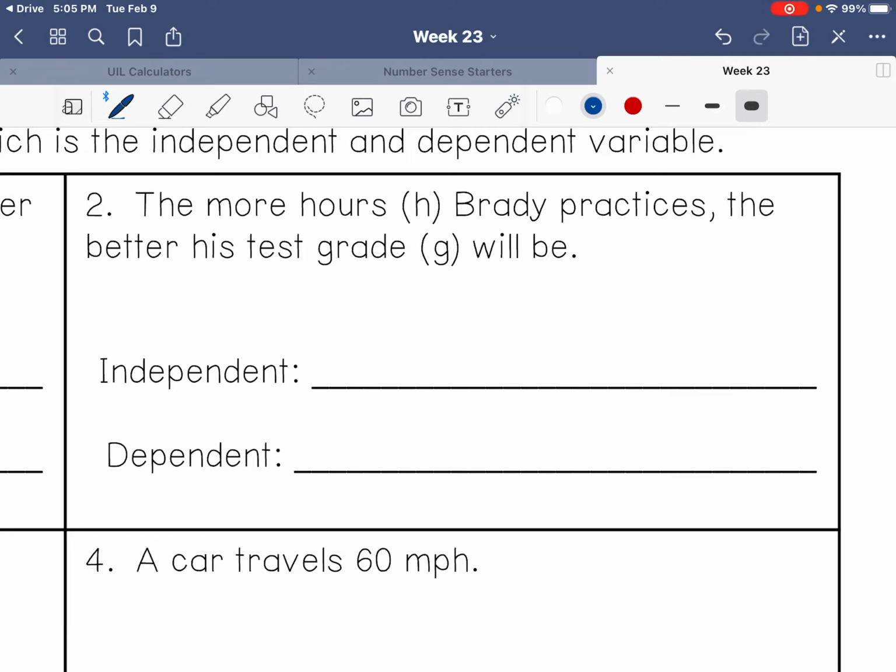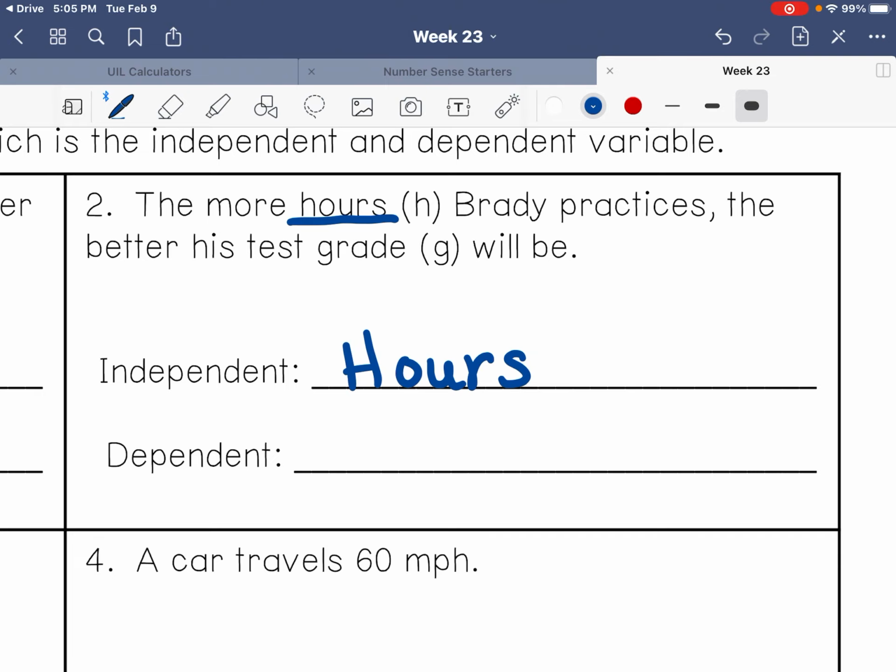Number 2, the more hours H Brady practices, the better his test grade G will be. Well, if he doesn't practice at all, his test grade is probably going to be low. So the independent variable, and usually if there's time involved, it's usually the independent variable, unless it's 2 times, in other words, minutes and hours, or hours and days, or something like that.